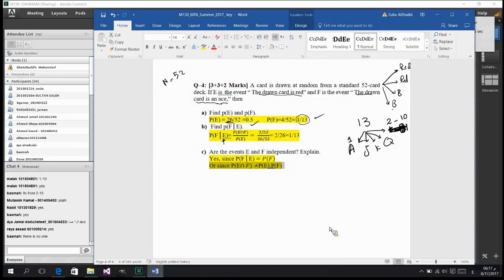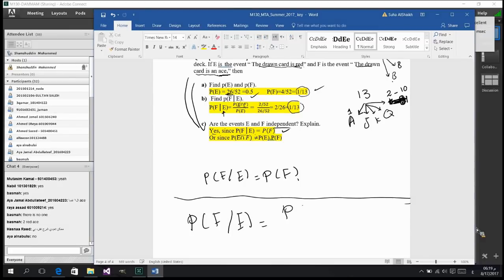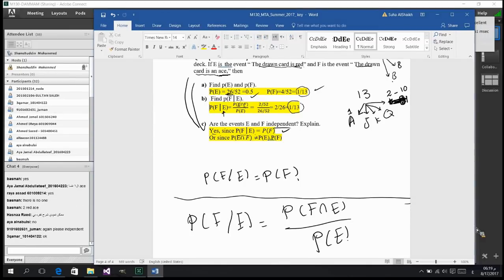So 1 over 13 and 1 over 13 are the same. This could come in the final as a similar concept. You will need to use the conditional: they will ask about dependence or want the probability of the second divided by the probability of E. This is the rule.